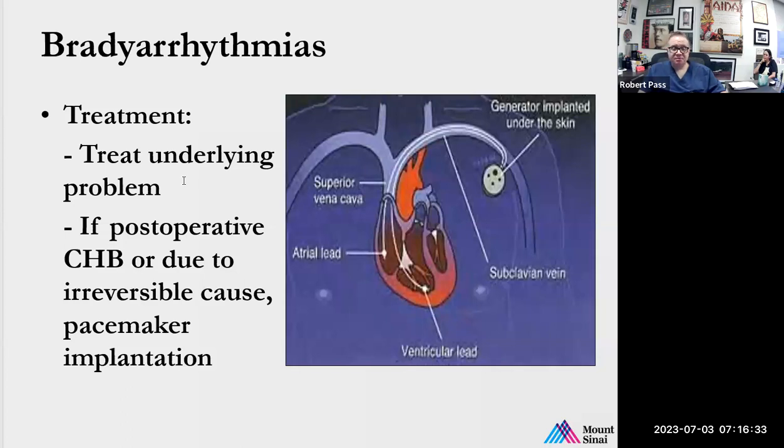The reason that we put pacemakers in people who have postoperative heart block is based on historical data. Studies exist from the early 1970s looking at surgical postoperative heart block and what happens to those patients.